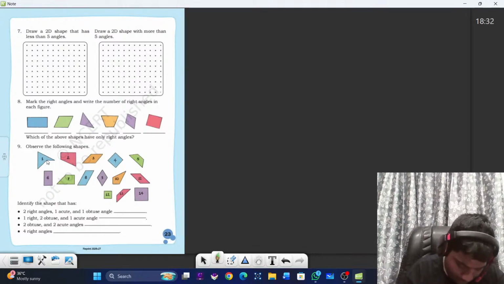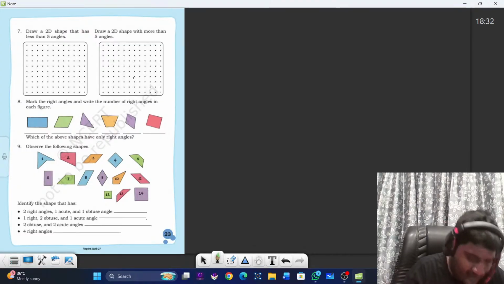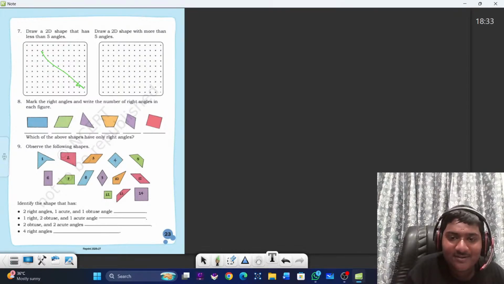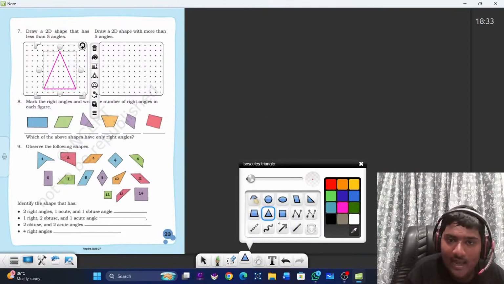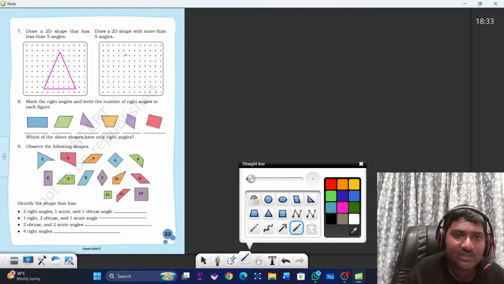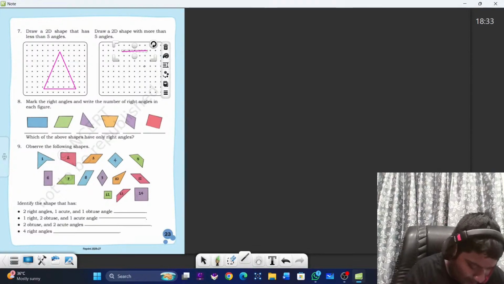In this, you have to draw a 2D shape that has less than 5 angles. So easily you can, wait children. You can draw a triangle. And here I'll tell you what you are going to draw, which has 5 angles. Which has 5 angles. What is that called, children? Pentagon.